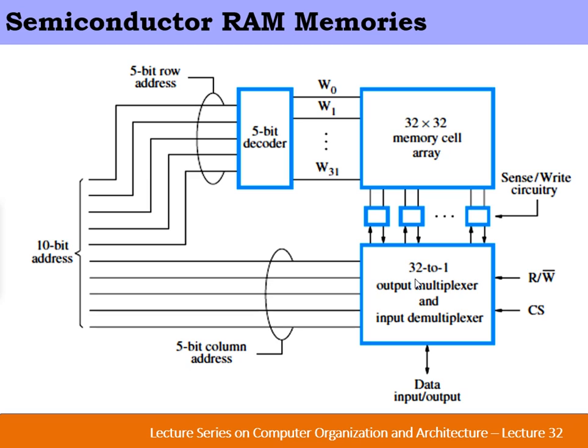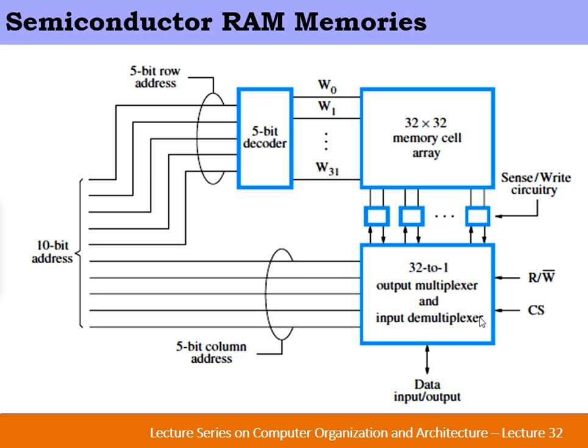Hence we are going to make use of one more additional circuit called a 32 to 1 output multiplexer and a 32 to 1 input demultiplexer. You might be knowing what is a multiplexer and demultiplexer. A multiplexer is many inputs, one output, and a demultiplexer is a single input and many outputs.